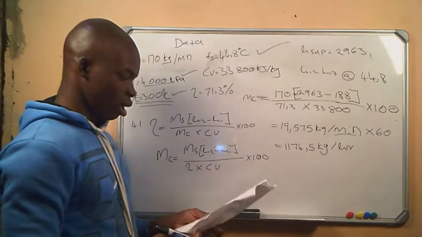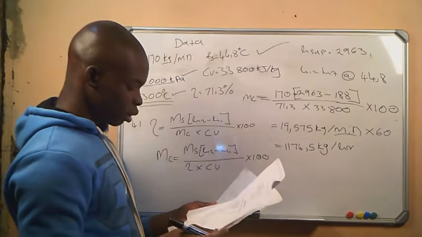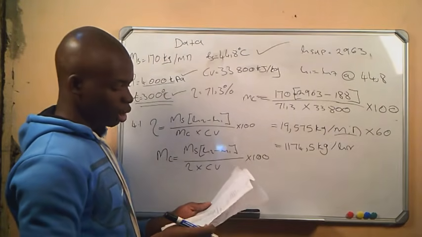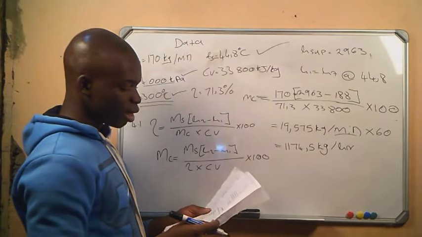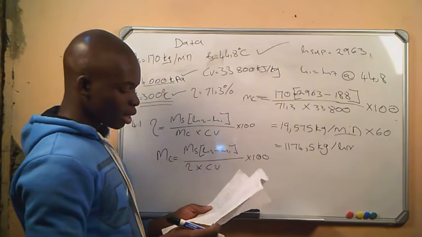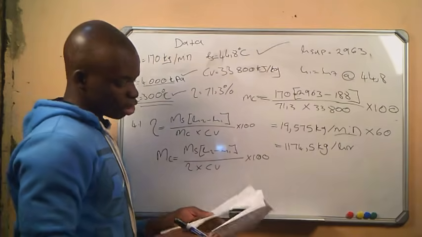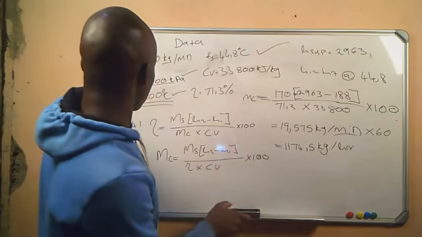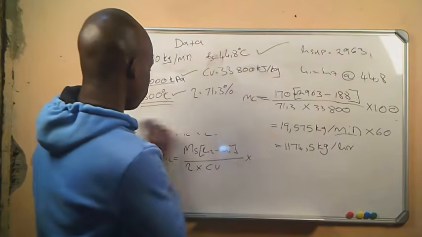And then we have question number 2, which says calculate the equivalent evaporation from and at 100 degrees Celsius. Then we can erase this.